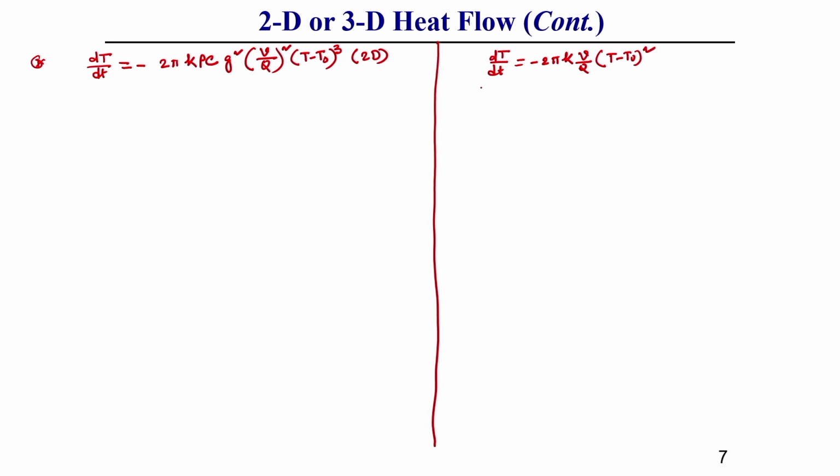Now, from this equation, what you can get is the cooling rate equation for three dimensional types of heat flow, which we got based on the Rosenthal thick plate solution of the thermal history. Okay.